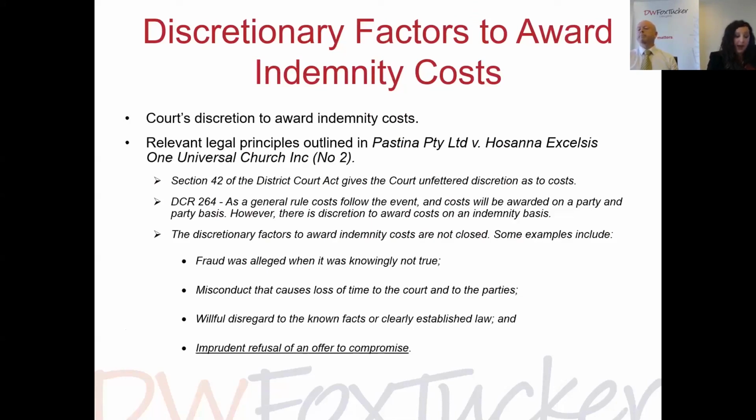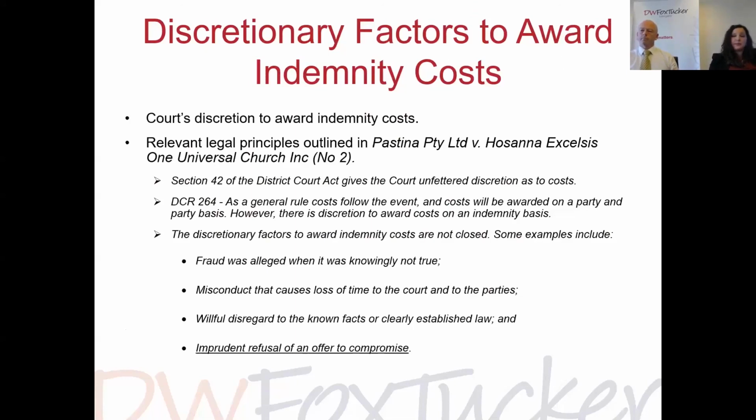To invoke the power to award costs on an indemnity basis, a party must demonstrate that the unsuccessful party has engaged in some relevant delinquency. This does not mean moral delinquency or some ethical shortcoming, but delinquency bearing a relevant relation to the conduct of the case. The focus of the court is on the conduct of the losing party as a litigant, either through non-acceptance of an offer or some other conduct.